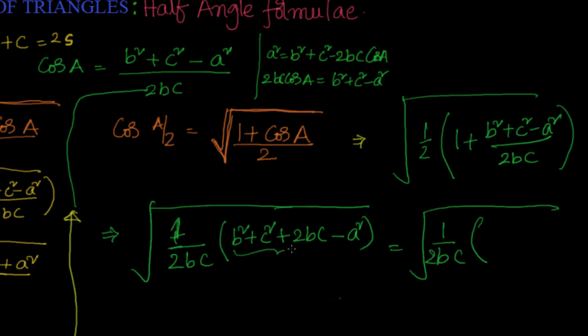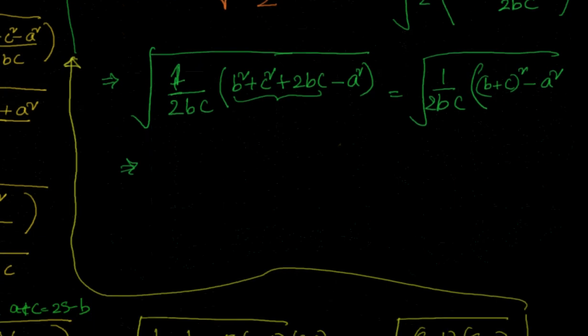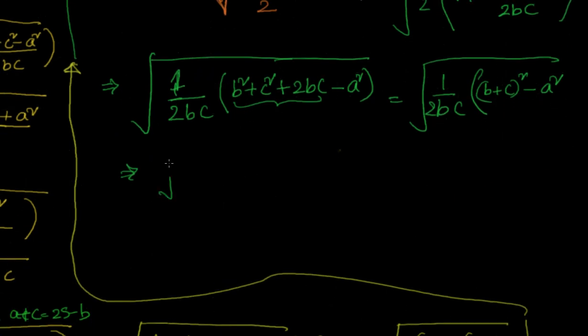That's nothing but equal to, I can take 1 by 2BC, and I'll have A square minus B square, that is A plus B into A minus B. So it becomes B plus C plus A into B plus C minus A.